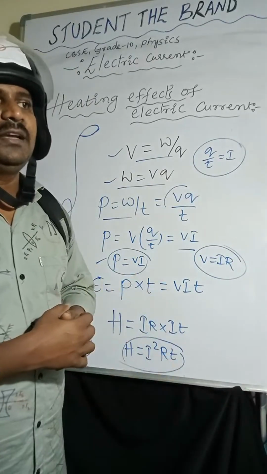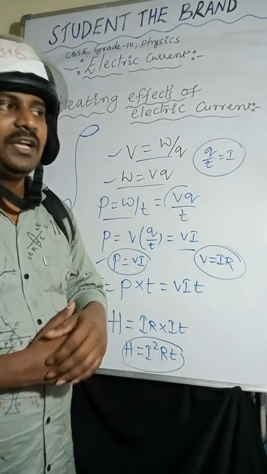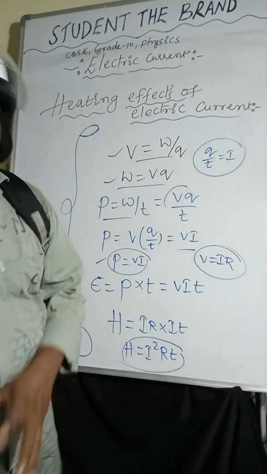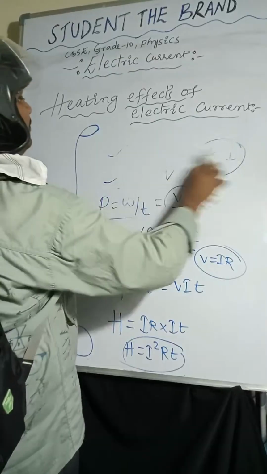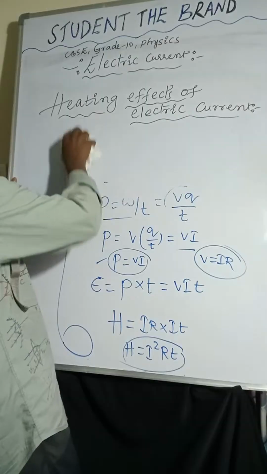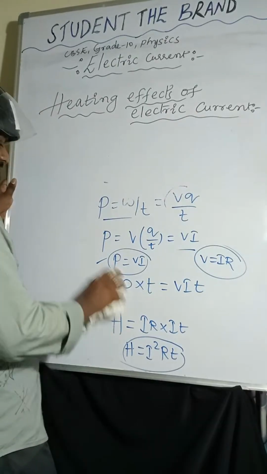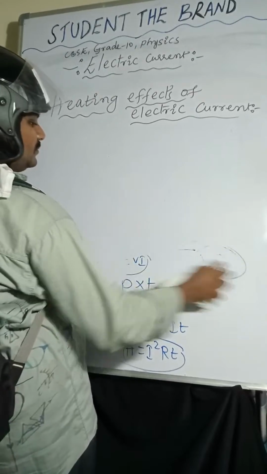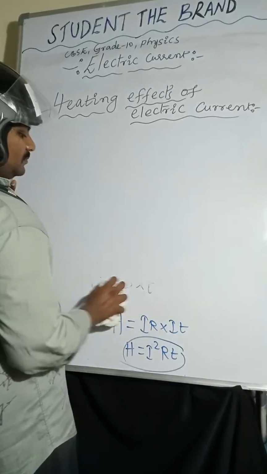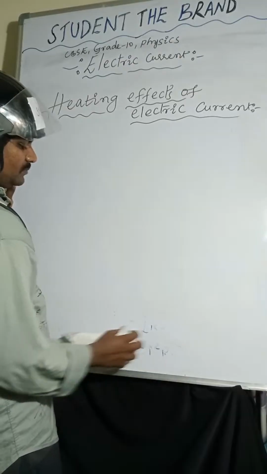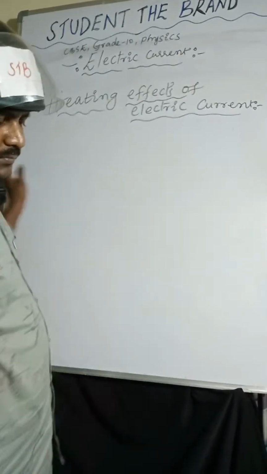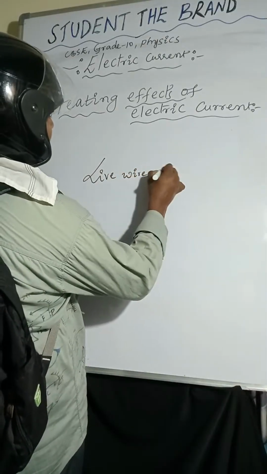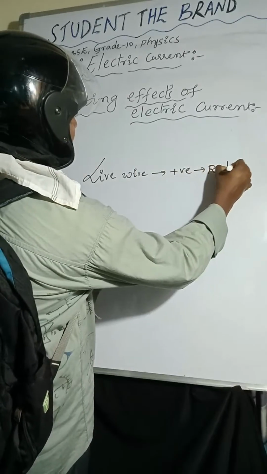The live wire is the positive terminal, with red insulation, red color.